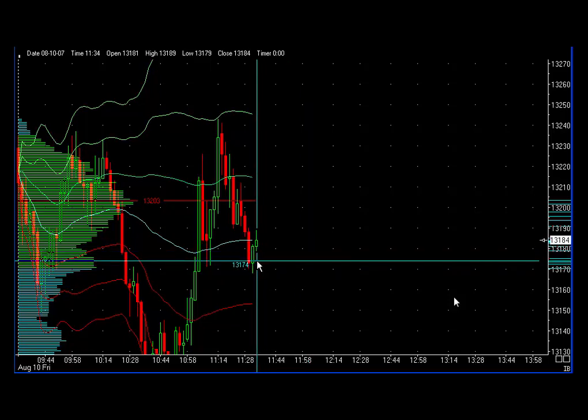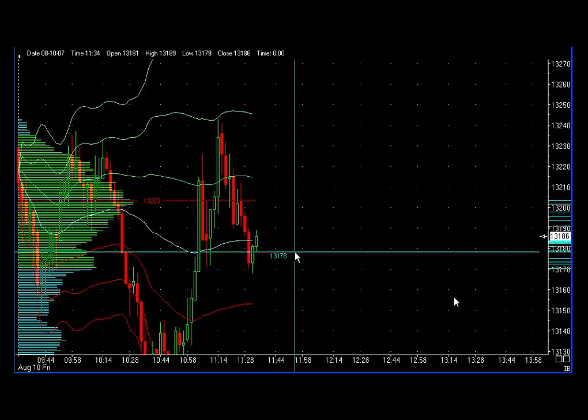Let's see where this bar closes. Its low is 13,179, so we look for an entry at 13,178. So we're waiting for that bar to close. Just watch.